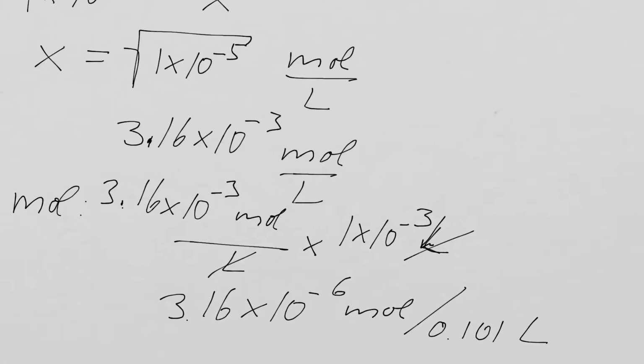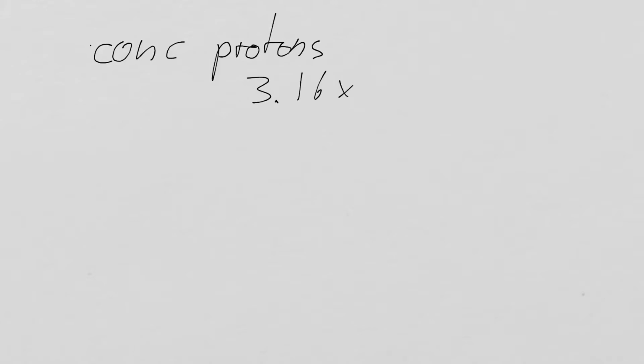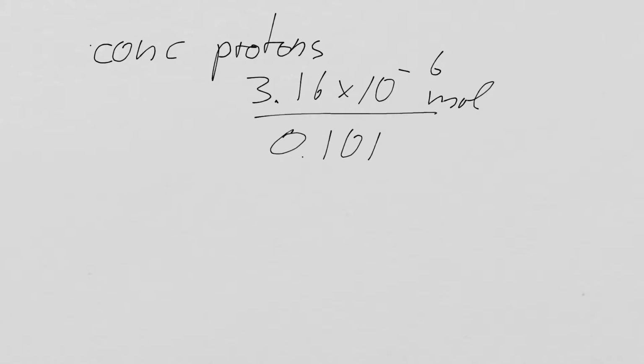So if we do that, we get the concentration of the protons as 3.16 times 10 to the minus 6 mole per 0.101 liter, and that gives us 3.12 times 10 to the minus 5 mole per liter.